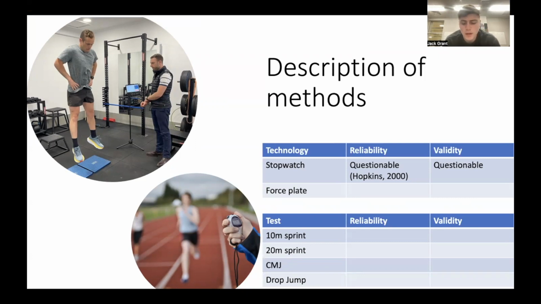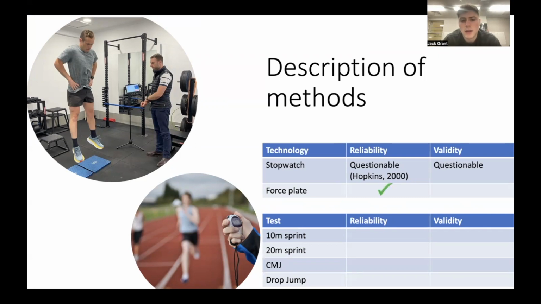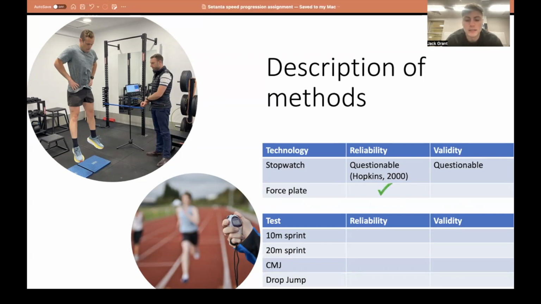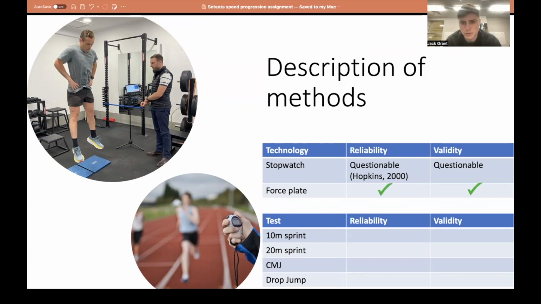The force plate was accurate in testing, and it tested that jump height that force produced in that stationary position.